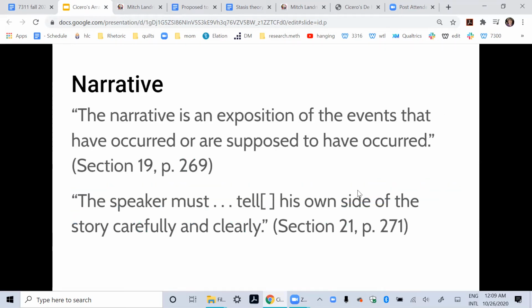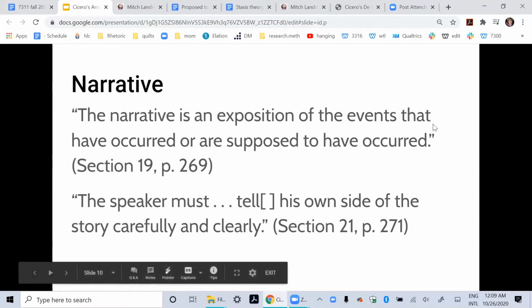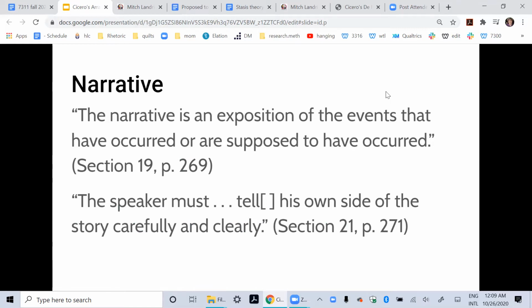The next section of a classically arranged speech is the narrative. The narrative, he says, is an exposition of events that have occurred or are supposed to have occurred. The speaker must tell his own side of the story carefully and clearly. Then in the textbook, he goes on and talks about all sorts of different details about narrative.